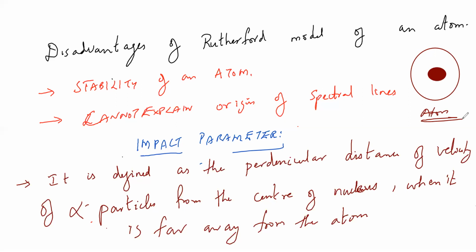So the perpendicular distance of the velocity of the alpha particle from the center of the nucleus, the center of the nucleus is here, correct? When it is far away from the atom. This is called the impact parameter. It is represented by the letter B. The impact parameter is B. I'll be giving you these in the formula sheet. Fine.